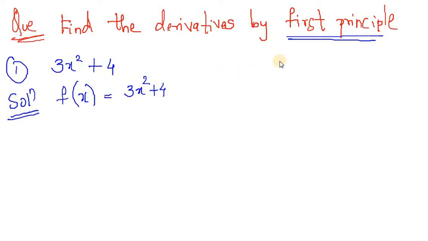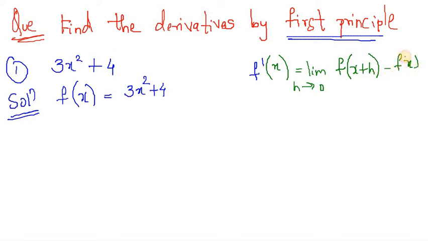Just to remind you again, what is f dash x? Using first principle, limit h tending to 0, f of x plus h minus f of x upon h. So before you find derivatives using first principle, I need two things. One is f of x plus h, second is f of x, and then in the question f of x is already given.